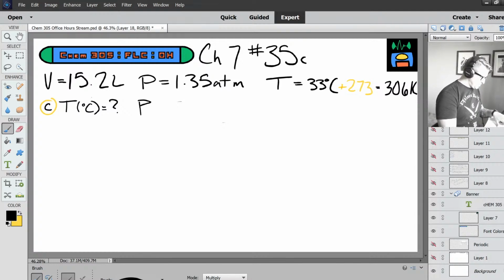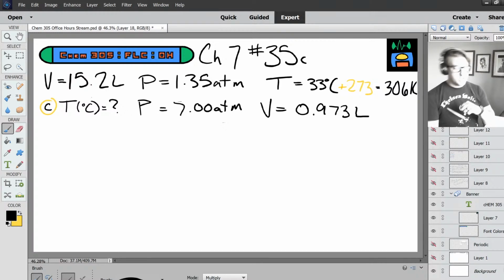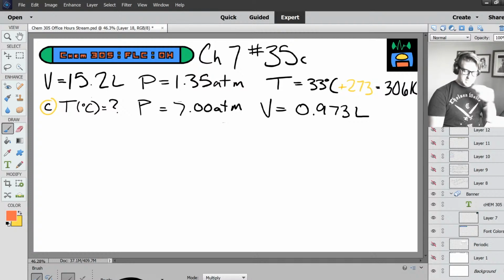And they give us a pressure of 7.00 atmospheres and a volume of 0.973 liters. All right, so the thing to notice is this is V1, P1, and T1.